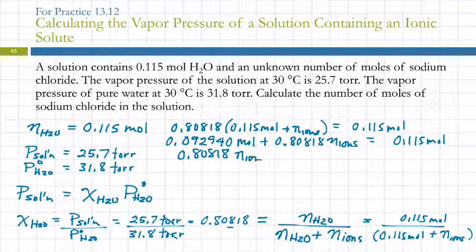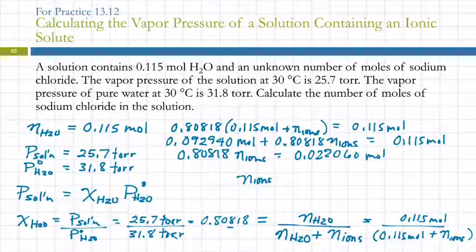And ions is equal to 0.022060 moles. And then we divide both sides by 0.80818. And we get moles of ions.